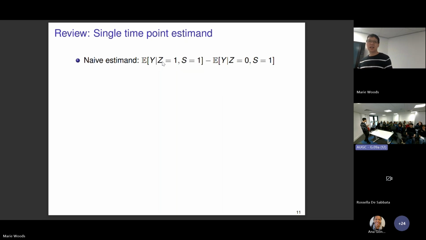This is the most intuitive thing you can do. The outcome is not defined if S equals 0, so you just throw this data away.